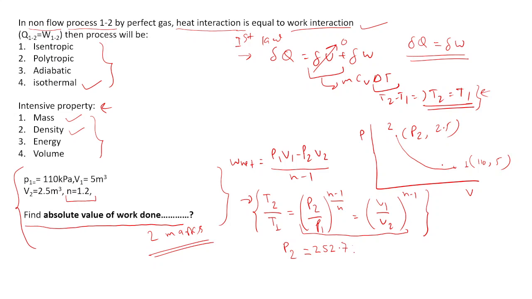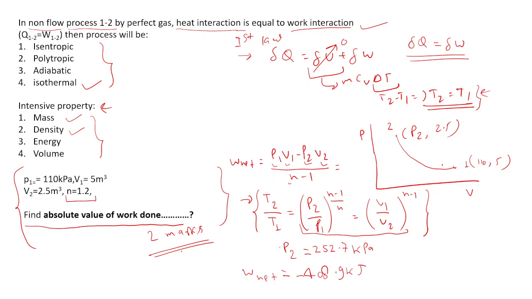Okay, fine. Now we know P2 and V2, we know everything. Put P2 here, and V2, P1, V1. What is the value of net work done? Minus 408.9 kilojoule, right?